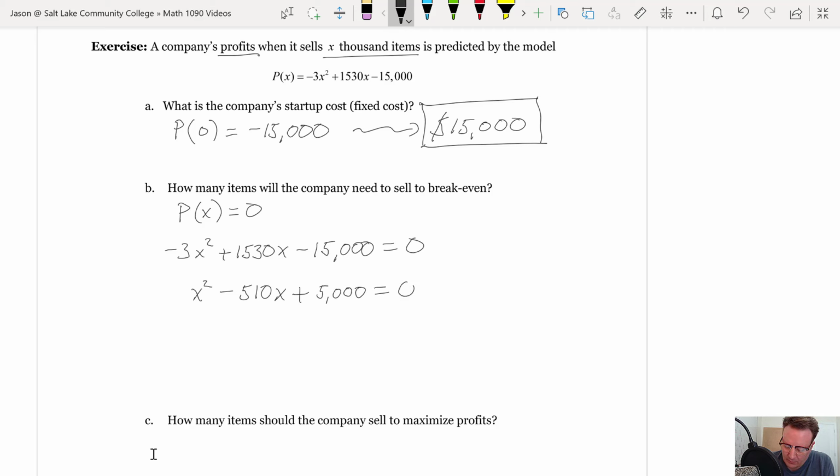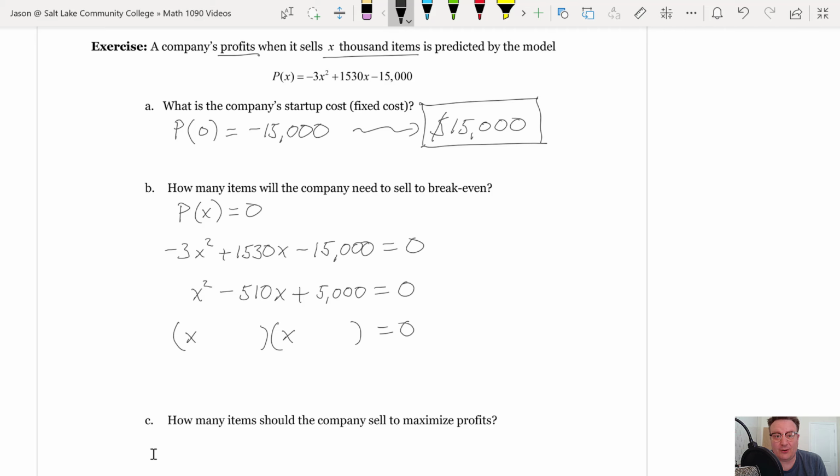The point of doing that is I get a slightly simpler equation to solve. I prefer to have a coefficient of 1 on the quadratic term if at all possible, because FOIL, or the reverse of FOIL, I should say, is easier to do. I need to find two numbers which multiply to 5,000 and sum to 510.